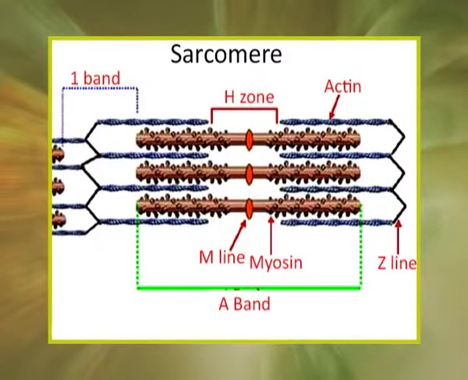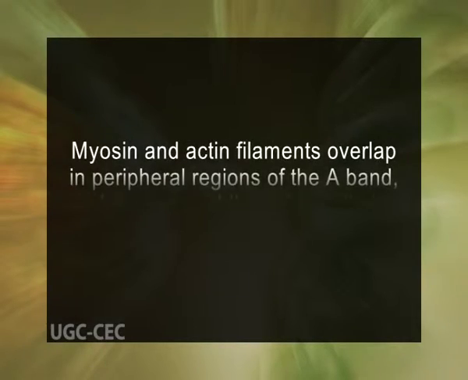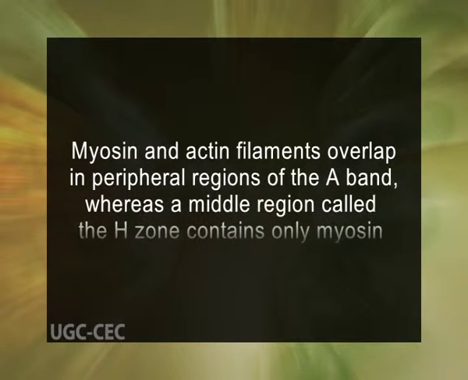The sarcomeres consist of several distinct regions visible by electron microscopy, which provided critical insights into the mechanism of muscle contraction. The ends of each sarcomere are defined by the Z disc. Within each sarcomere, dark bands alternate with light bands called I bands, for isotropic.